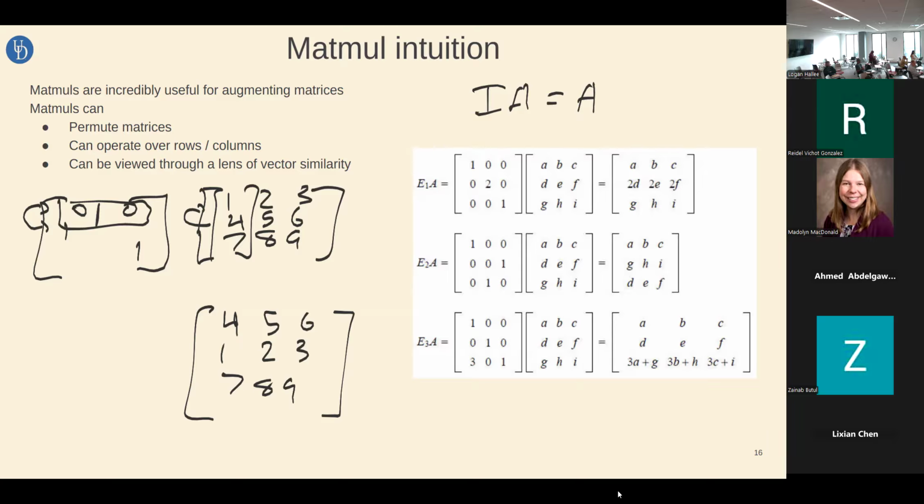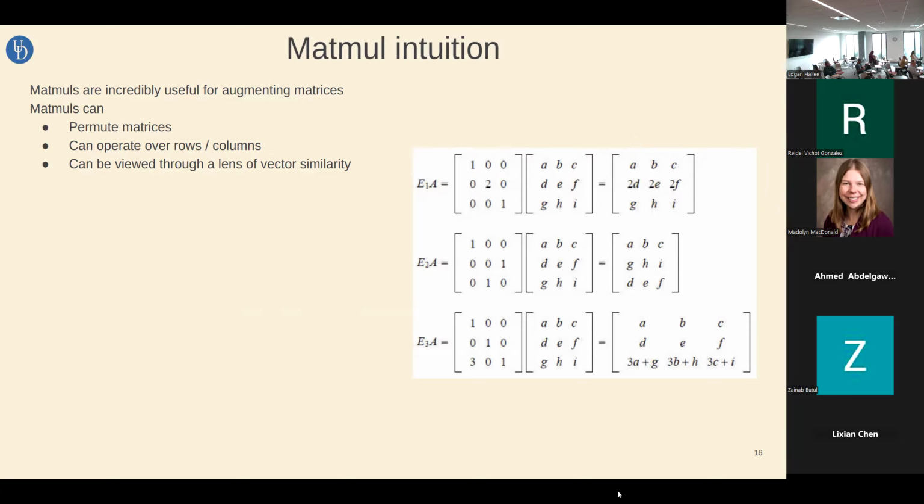One other intuition you might glean is because it's an array of dot products, the resultant matrix is a prescribed similarity measurement of A and B. So if you have A, B, C, of course, we had a row 1 by column 1 times column 2 by row 2. Maybe in this case, it's going to be still row by column. My bad.